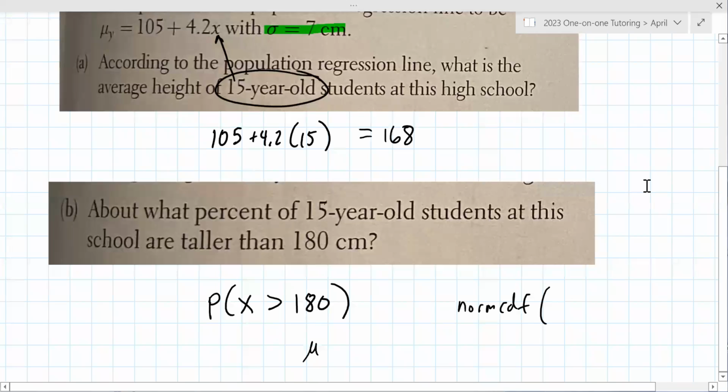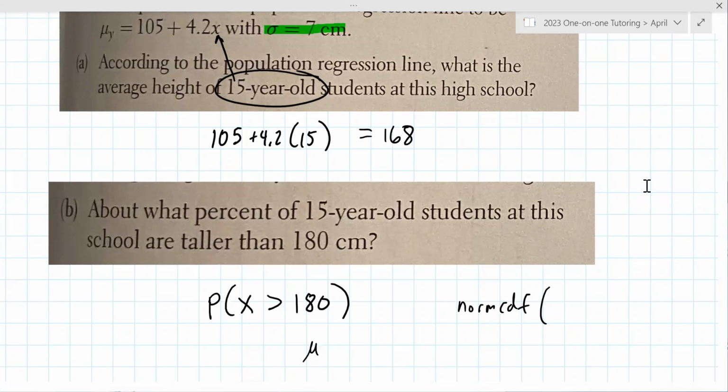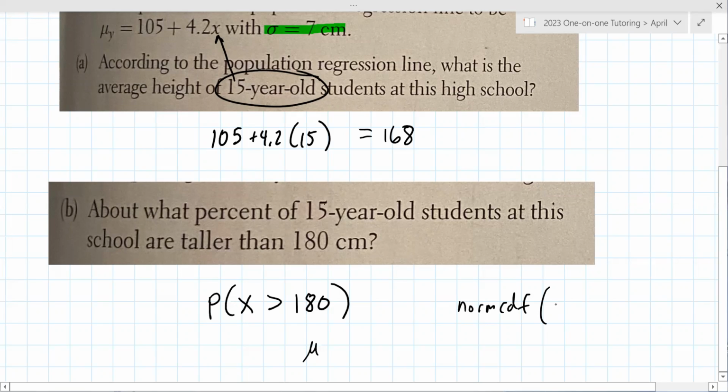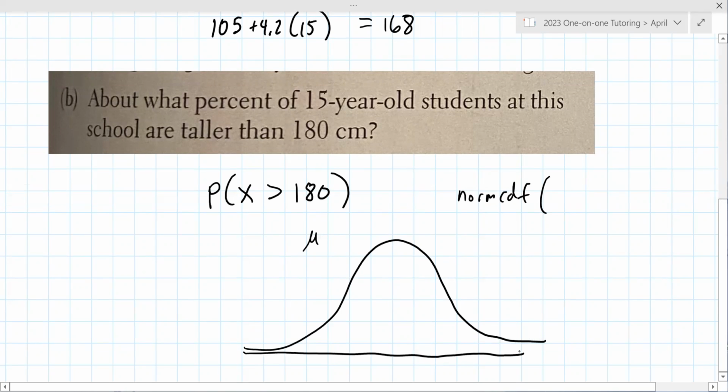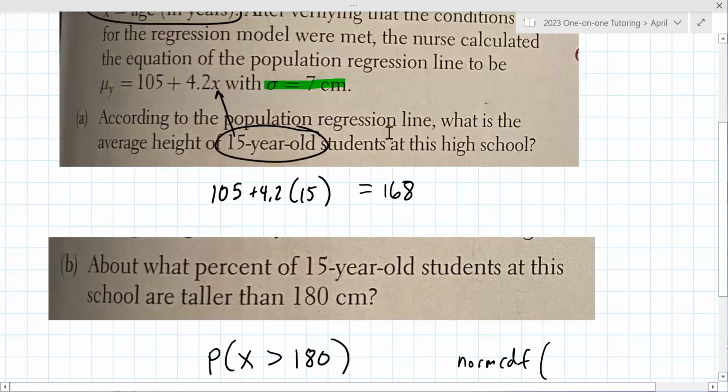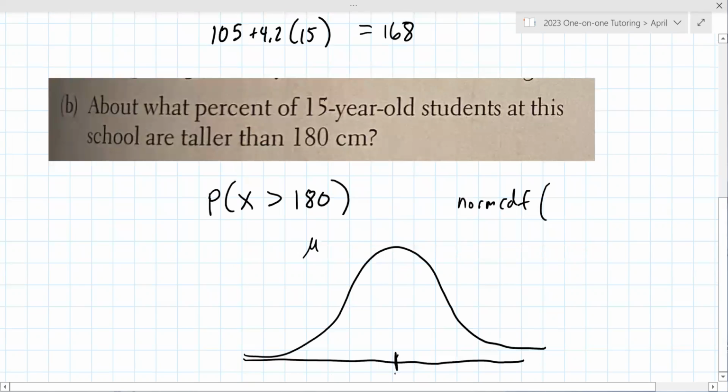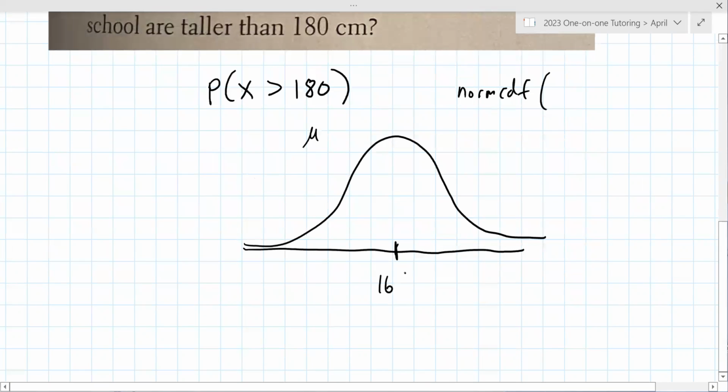I think it's going to have some options for mu, sigma, x, maybe n. Not sure. I think it's an upper and a lower situation as well. Gotcha. What do we plug in for the upper and lower usually? We just calculated that 168 is what we think the average 15-year-old should be, so that's right in the middle.